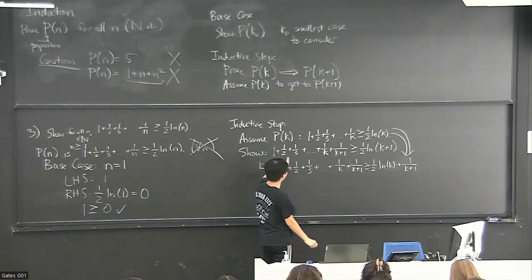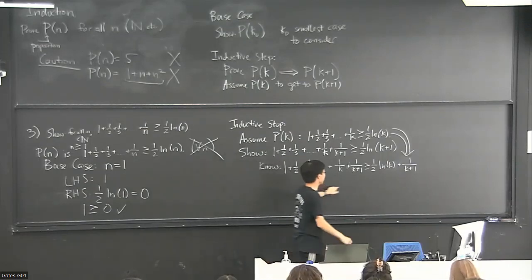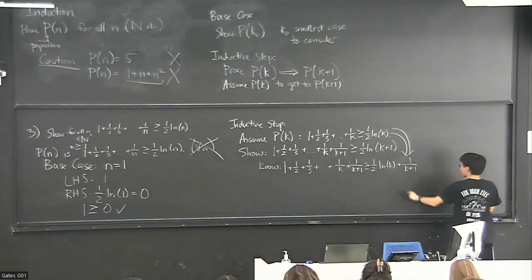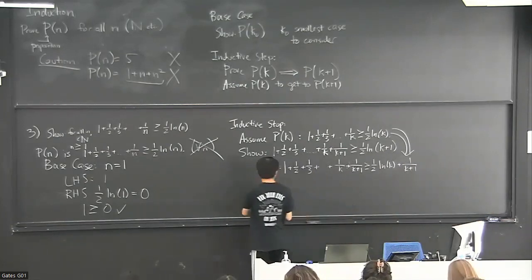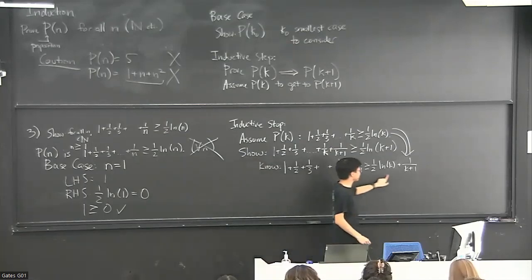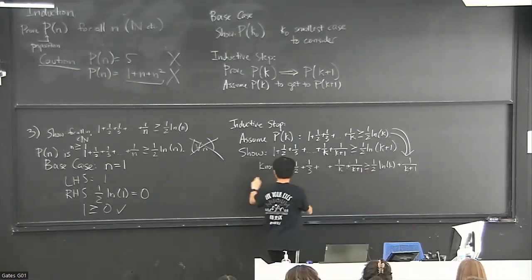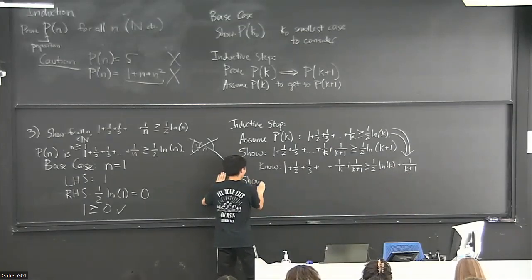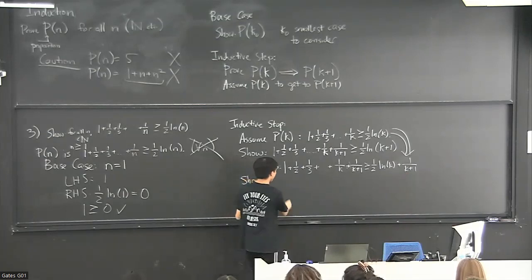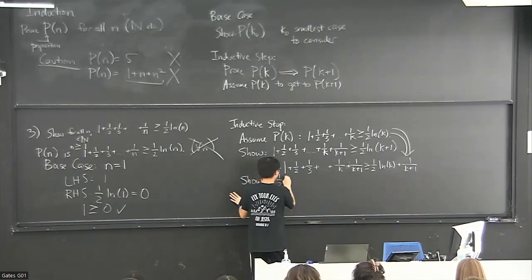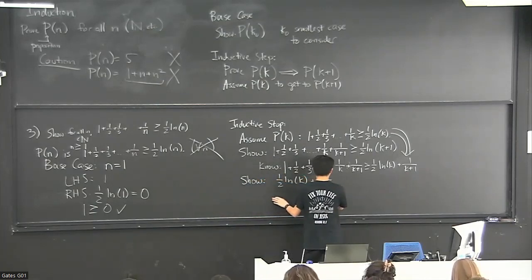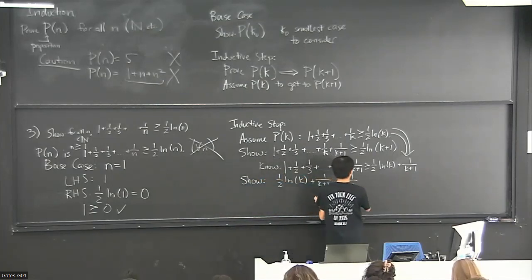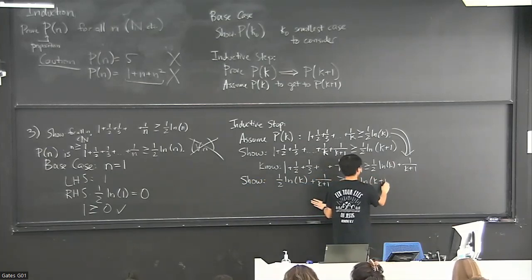But this isn't quite what I want to show. Notice here I have the 1/2 ln k plus 1 over k plus 1, but here I only have this. So what do I actually want to show? I actually want to show 1/2 natural log of k plus 1 over k plus 1 is greater than or equal to 1/2 natural log of k plus 1.